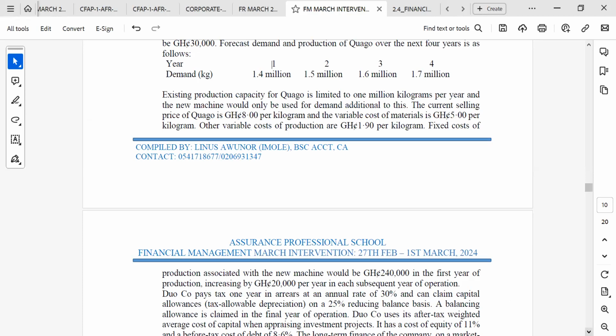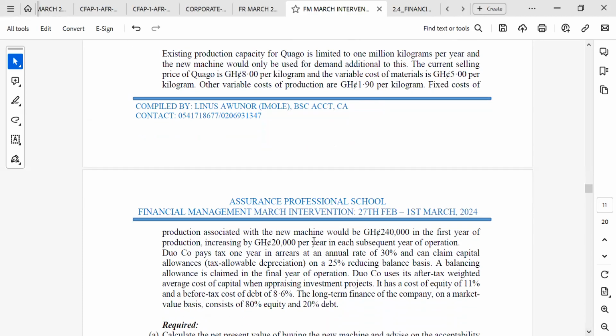Okay, let's come here. So we are done with the fixed cost now. So the company could pay tax 1 year in arrears at an annual interest rate of 30% and can claim capital allowance or depreciation on a 25% reducing balance basis. A balancing allowance is this one.